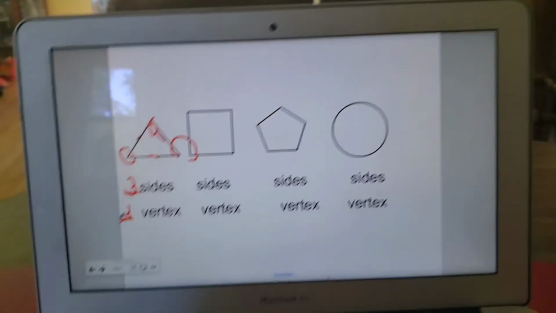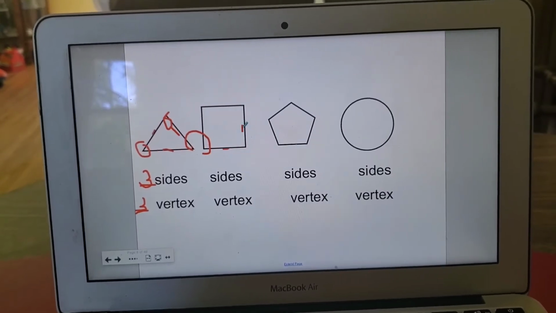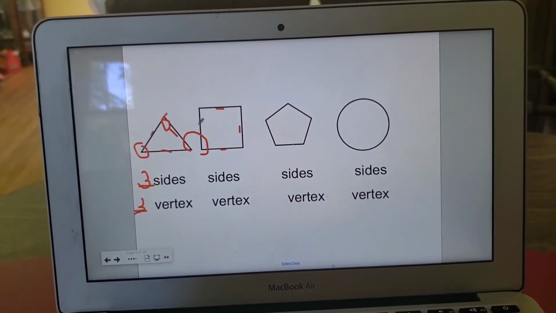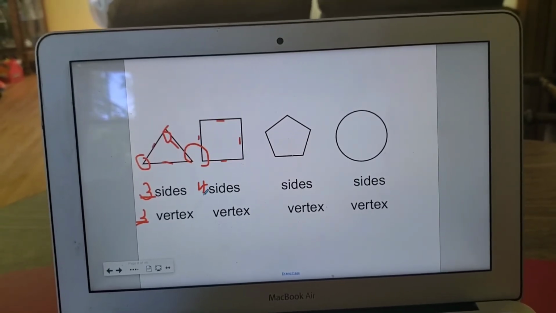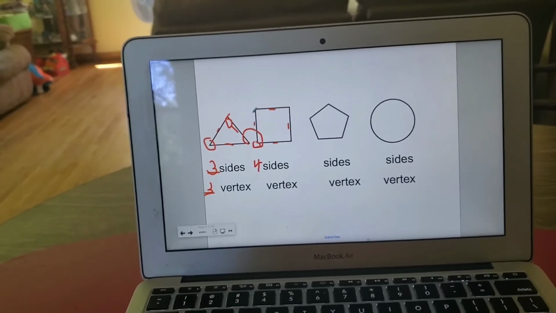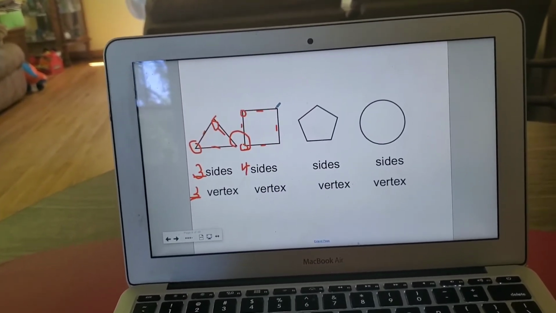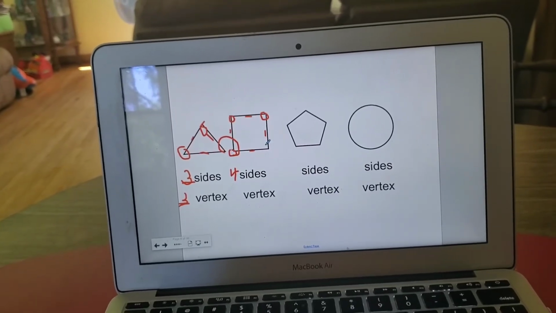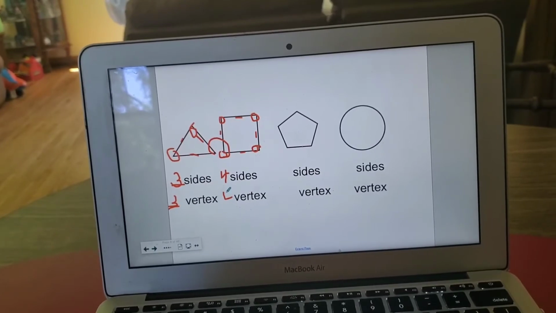Okay, now let's do the square. 1, 2, 3, 4. There are 4 sides, and now let's do the vertices, the corners. 1, 2, 3, 4. So there's 4 of those.